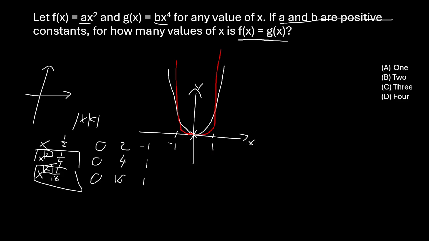If the absolute value of x is greater than 1, here and here, x to the fourth power is greater than x squared. At negative 1, at 1, and at 0, we have contact points, intersections. So there are 3 values where these two functions are equal to each other.